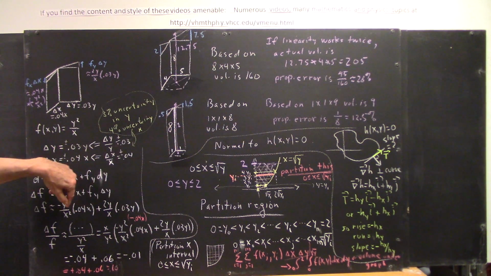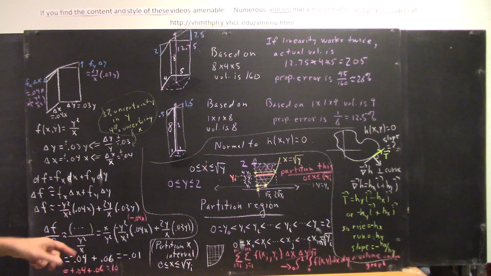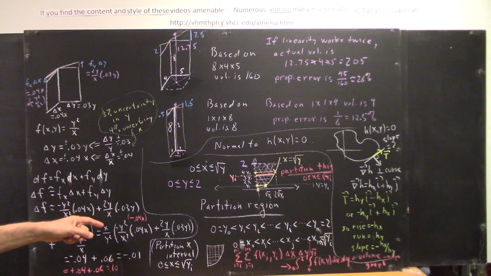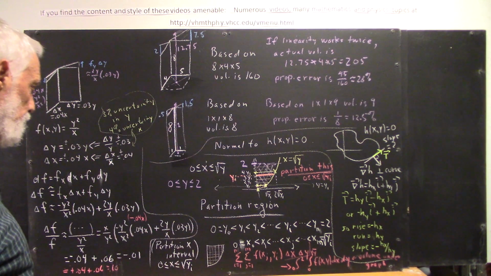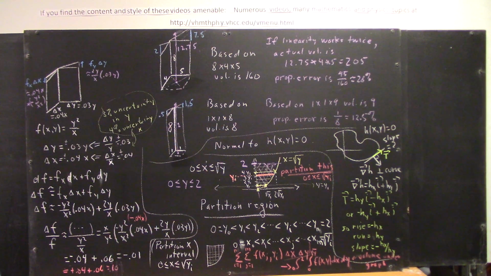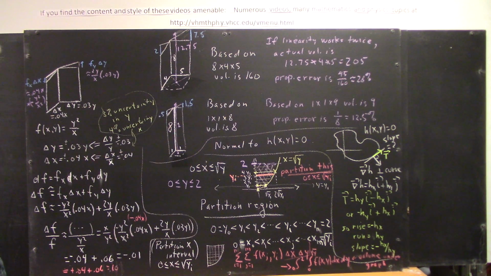I didn't rewrite all this, I just put some dots because you can easily divide each term by y squared over x. When you do, you get the reciprocal, x over y squared, multiplied through. If you multiply that out, all your x's and y's go away, and you just get proportions.